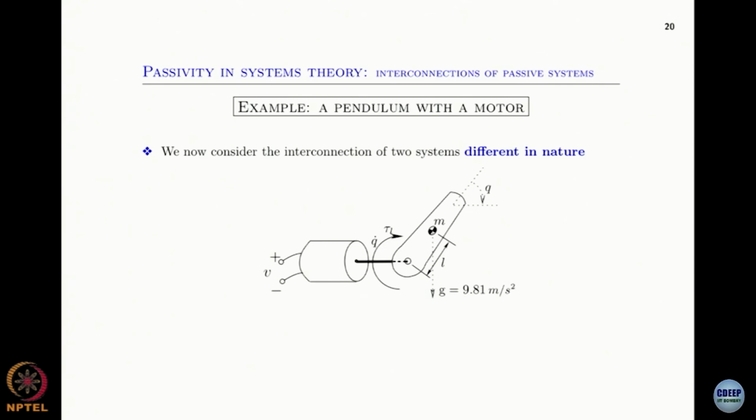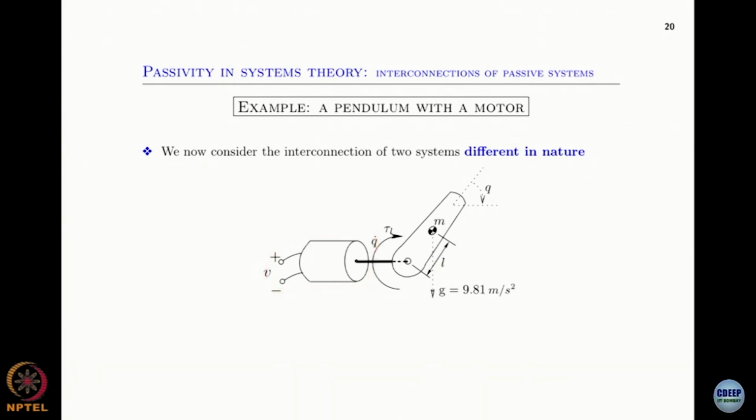So what happens if I interconnect two systems that are different in nature, right? A mechanical and an electrical system. Well, actually, the motor. This is supposed to be a motor. It's electromechanical, but let's just suppose that it's just an electrical system. So before we said that the input to the pendulum was torque, right? But this torque is actually coming from somewhere, probably from my hand or preferably from some actuator, from a motor.